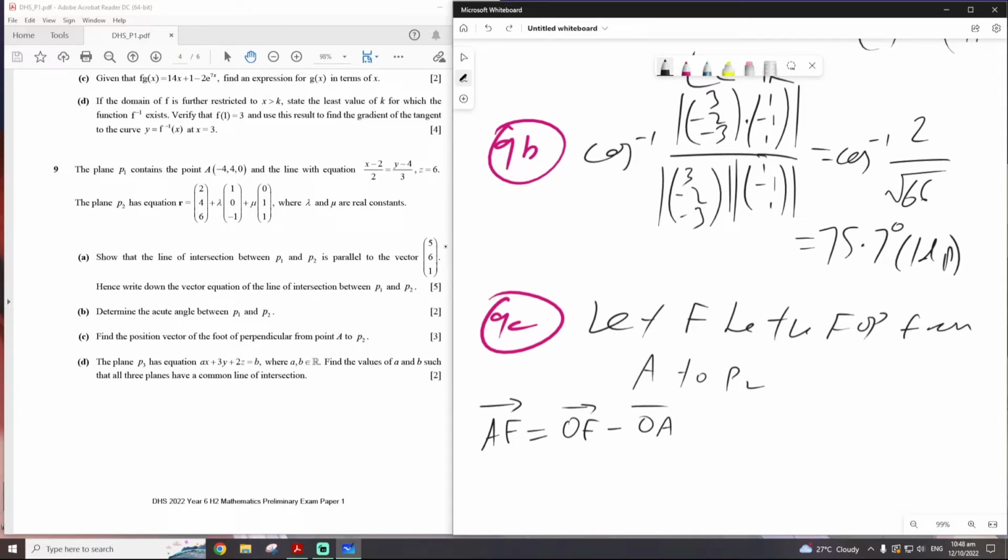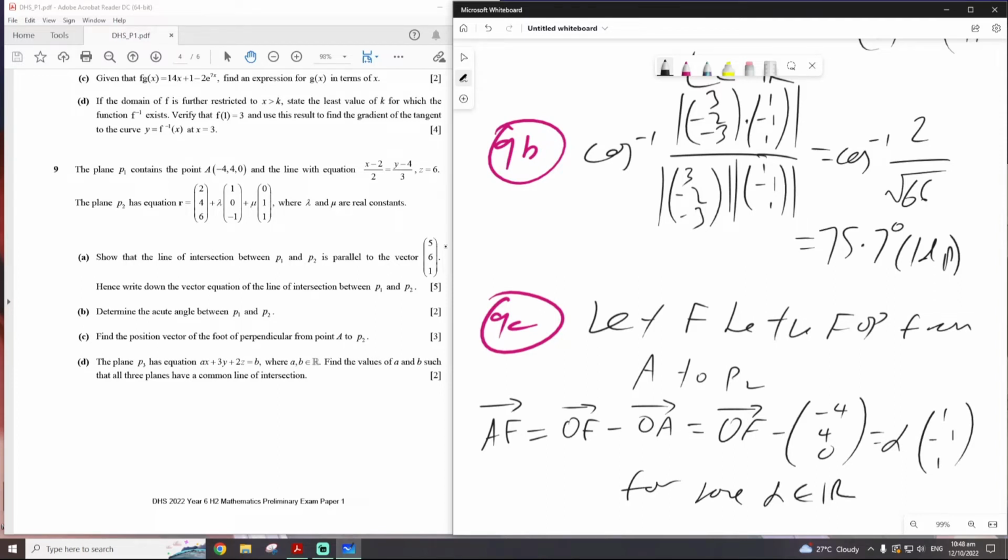And because OF lies on P2, I can actually write this as, wait, let me actually write this as OF minus (-4, 4, 0) first. And this must be a scalar multiple of the normal vector to P2, which is (1, -1, 1). Right or not? Okay.